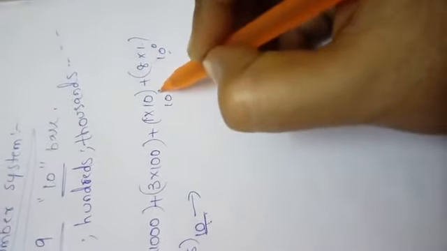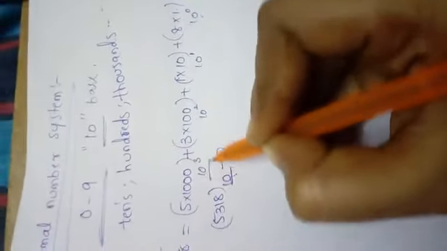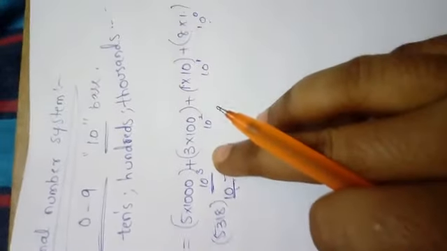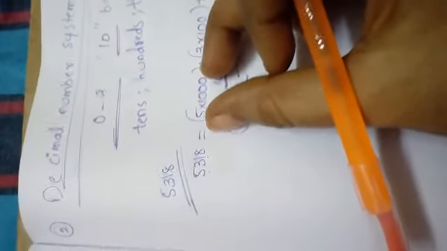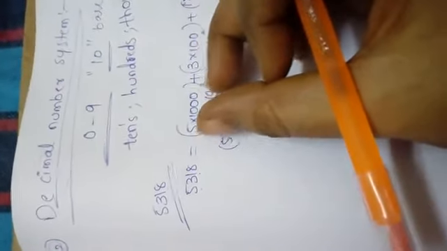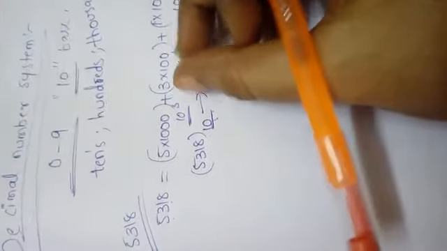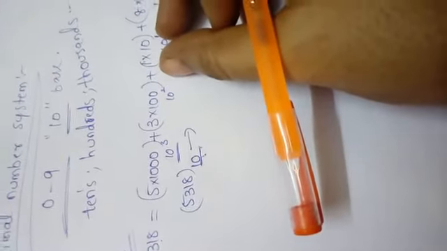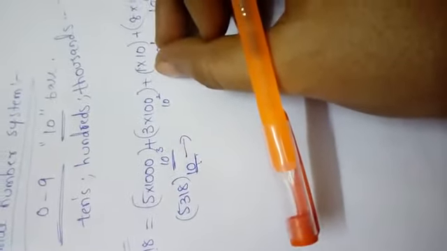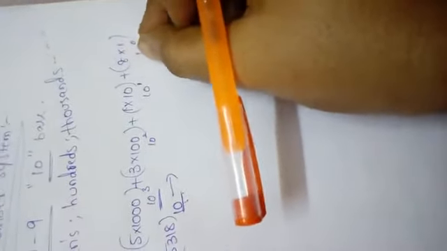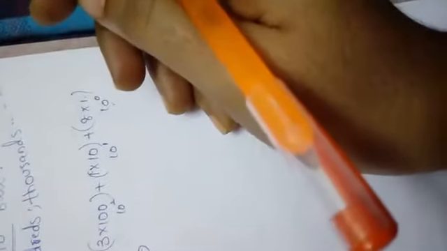So this is 10 power 1, this is 10 square, and this is 10 cube. We can calculate the position: the third position is 1000, the second position is 100, the first position is tens, and the 0th position is the ones. Like that we can represent the weight.